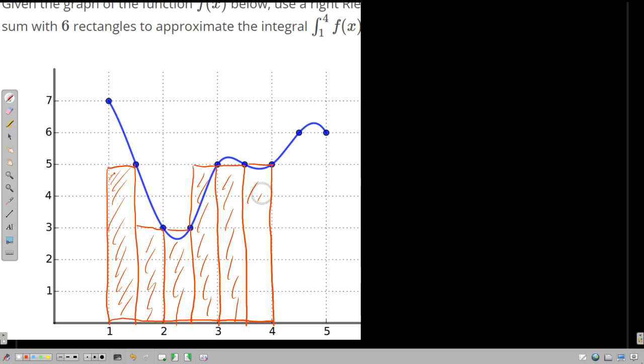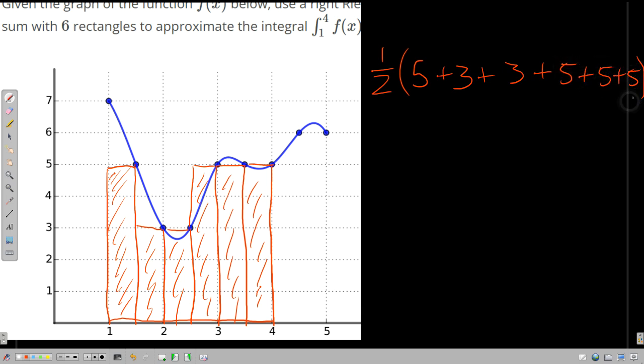And these 6 rectangles approximate that interval. All their widths are 1/2. The height of the first one is 5, and the height of the next one is 3, and then 3, and then 5, and 5, and 5. So that's 26 over 2, you get 13.